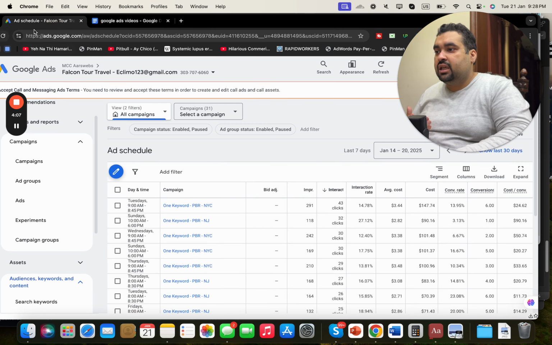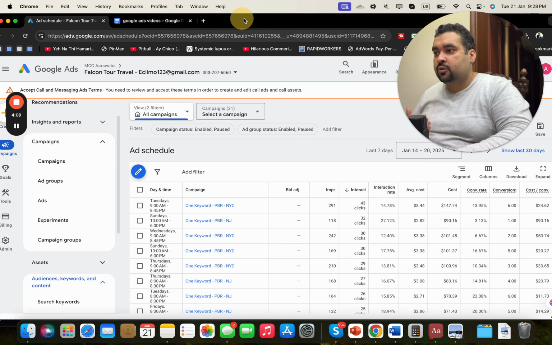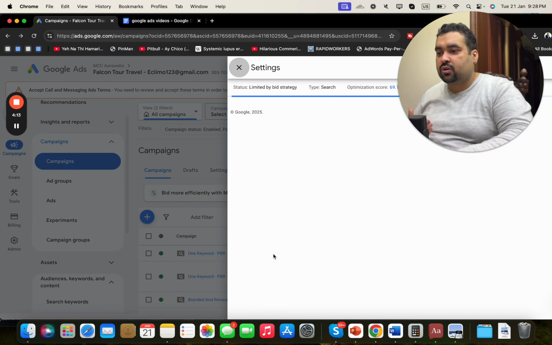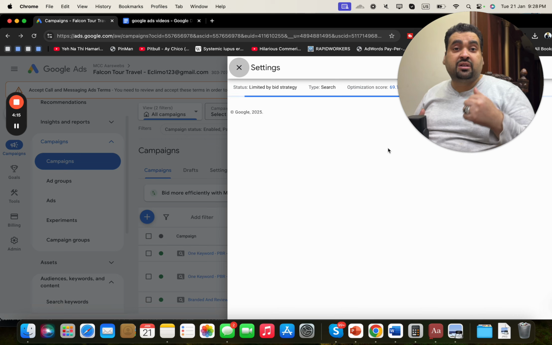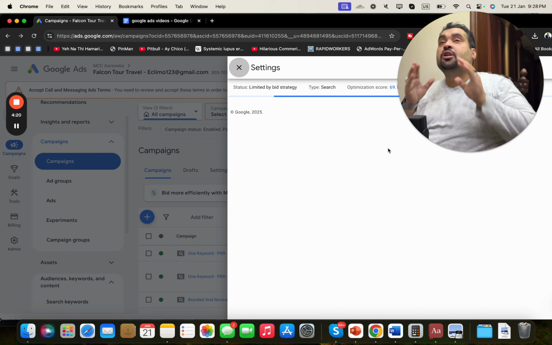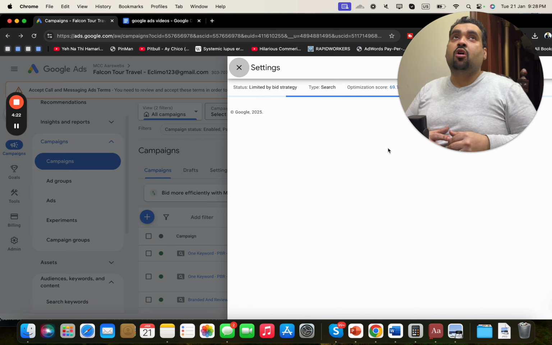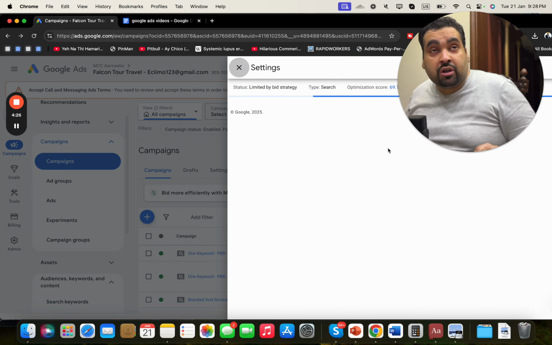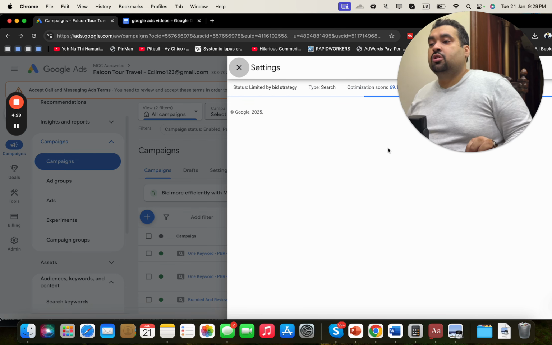Let's say we're going back onto the campaign, and this is one of the campaigns. Sometimes the wrong location settings can cause your ad not to be shown. You are targeting the wrong region, you have mistakenly put a wrong region over there, which can cause your ad not to be shown.